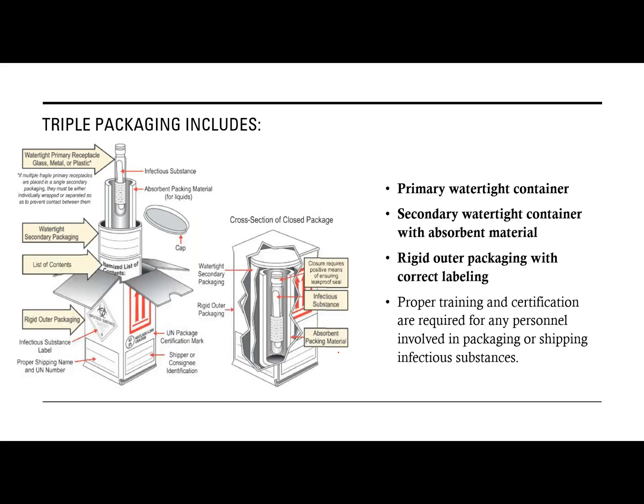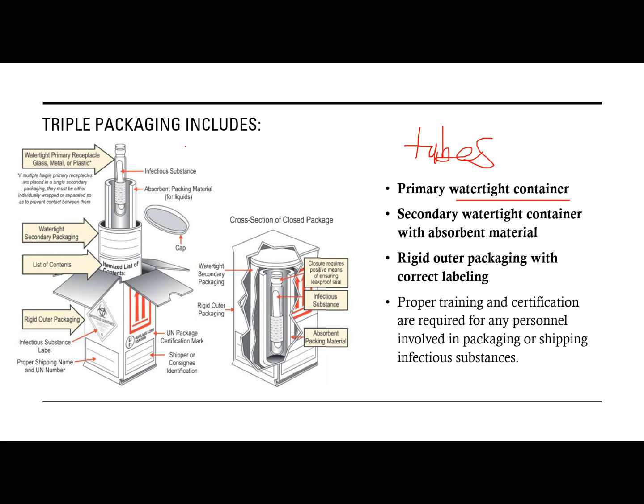Now, ano ba yung triple packaging na sinasabi that you need to follow for category A? In triple packaging, you're going to use three types of container: a primary, a secondary, and an outer. Now, yung primary container nyo dyan should be a watertight container. Usually, class, mga tubes yan.